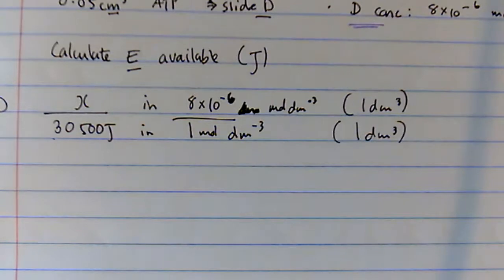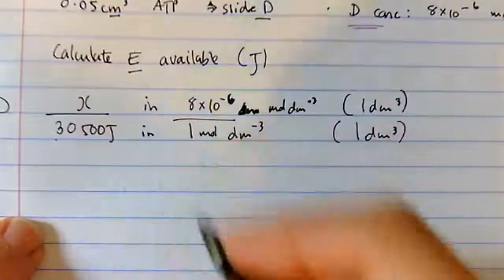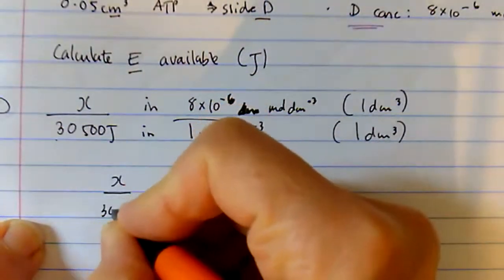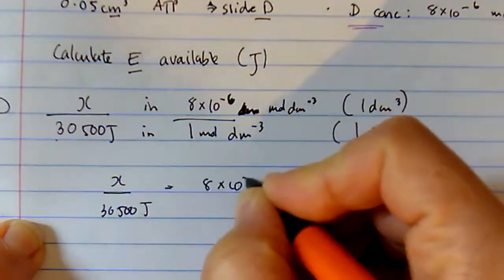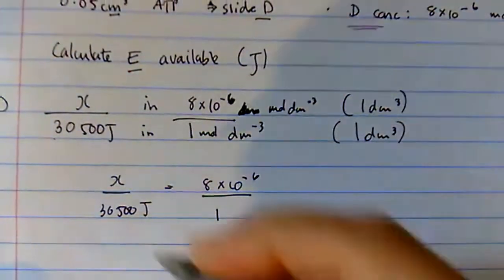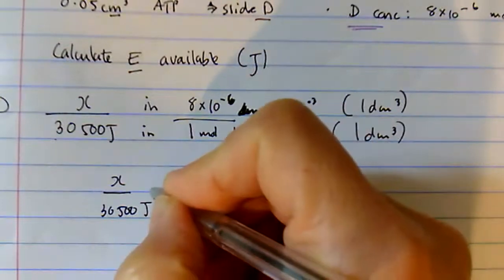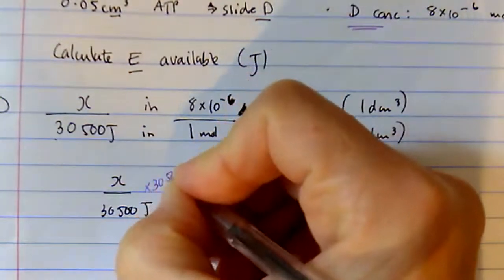In order to do that, I would turn that into an equation. So I would have x over 30,500 is equal to 8 times 10 to the power of minus 6 over 1. And then I would simply multiply this side by 30,500 and multiply this side by 30,500.